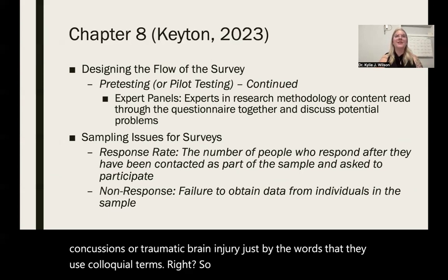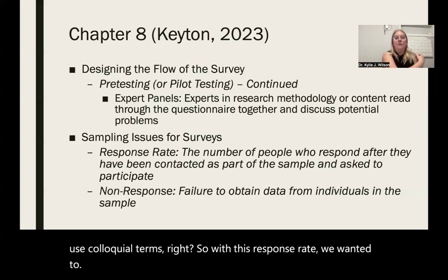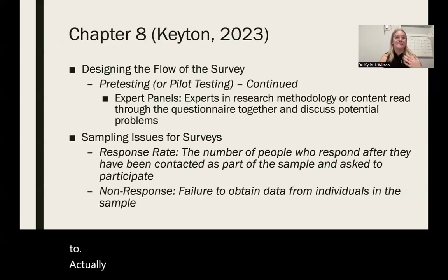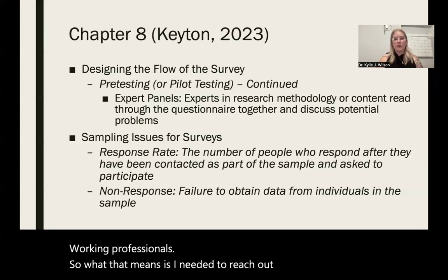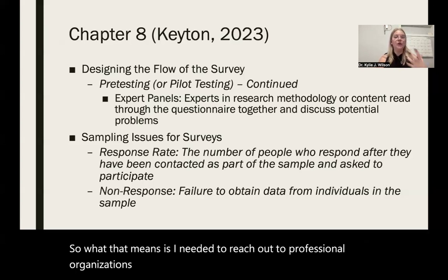So with this response rate, we wanted to actually measure working professionals. So what that means is I needed to reach out to professional organizations that deal with journalists and just journalistic organizations in general.